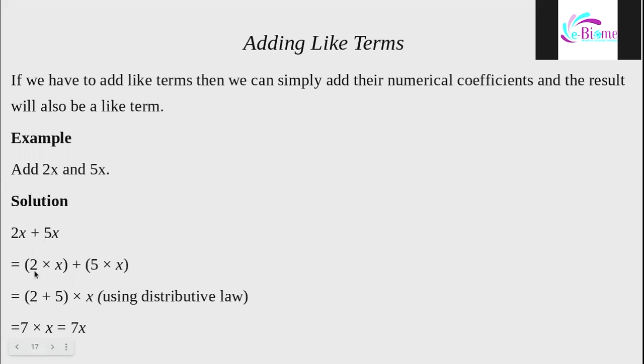Since we have 2 times x plus 5 times x, we take both coefficients, add them together, and times them by x, and we get 7x. Everyone following so far? Yes, sir.